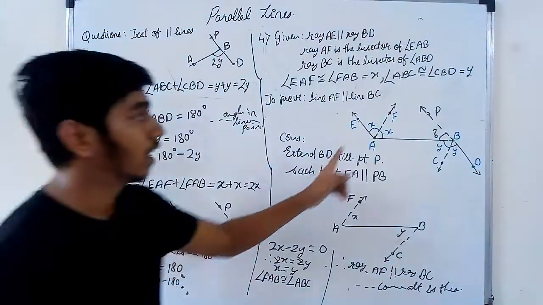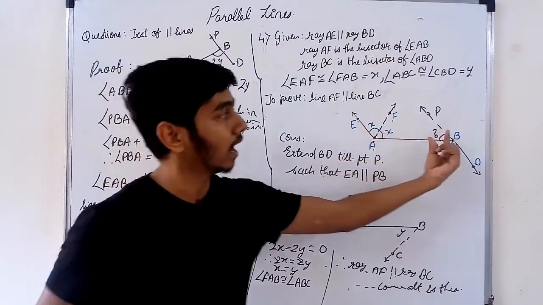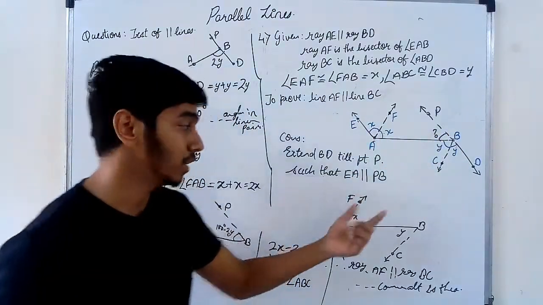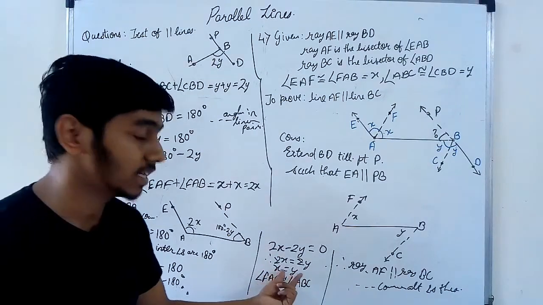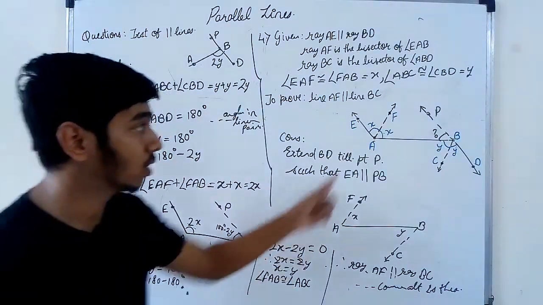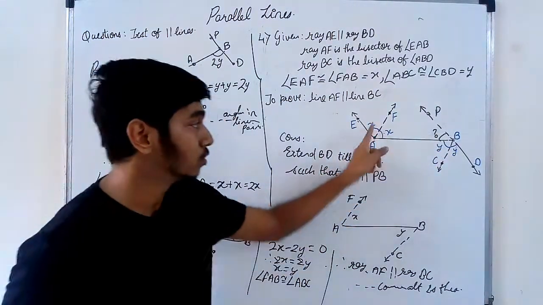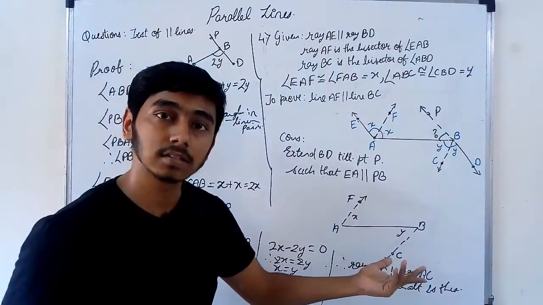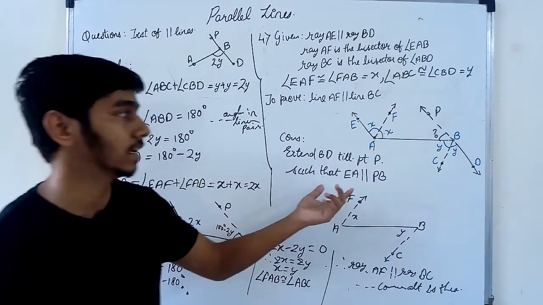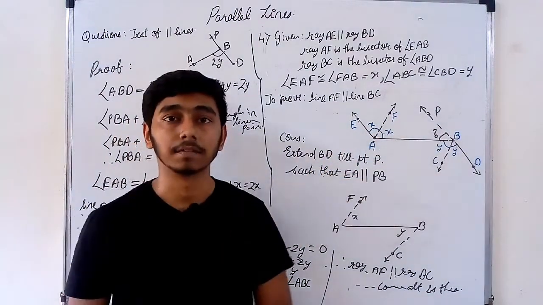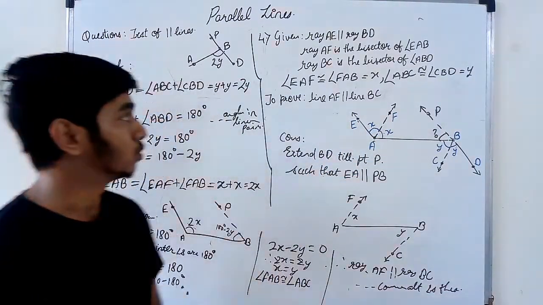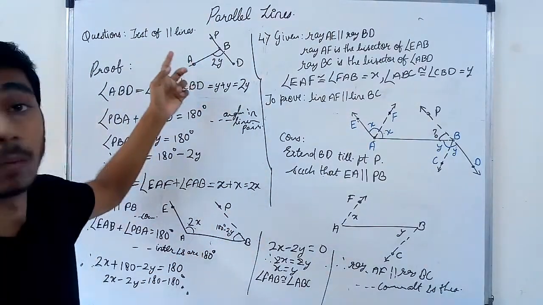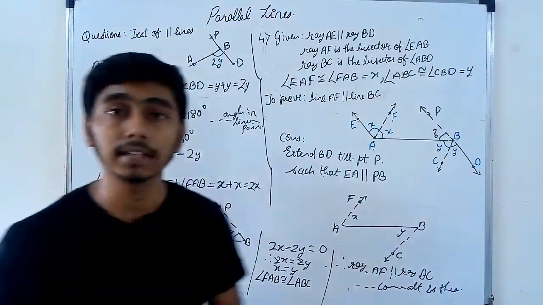So what we did, we found this angle and this angle PBA and we added them, and we got x and y equal. That means the alternate angles are congruent. So if the alternate angles are congruent, by converse of alternate angles theorem, we can say that the lines are parallel. I hope you have understood this topic, the questions based on test of parallel lines.